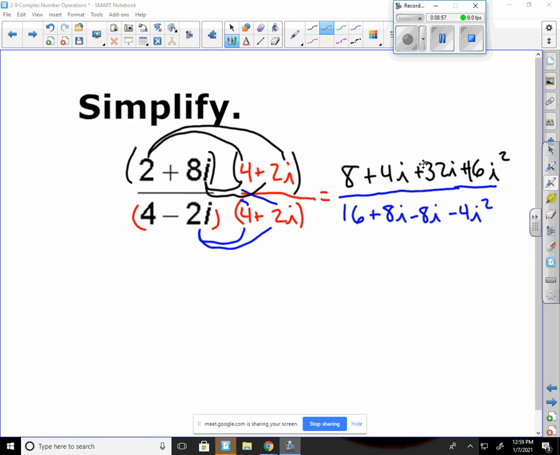Now I can start to simplify this. So first on top I see a plus 16i squared. I see the i squared, that becomes a negative 1. So now it's negative 1 times 16. Additionally, I have like terms here. So 4i plus 32i gives me 36i. And then, like I said, i squared is negative 1, so 16 times negative 1 is minus 16.